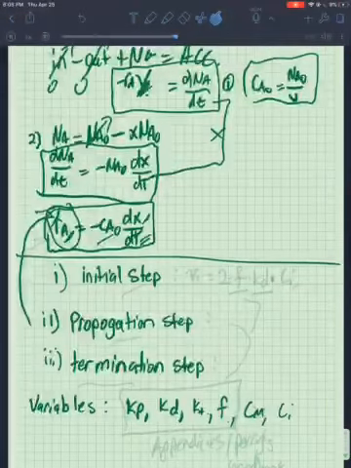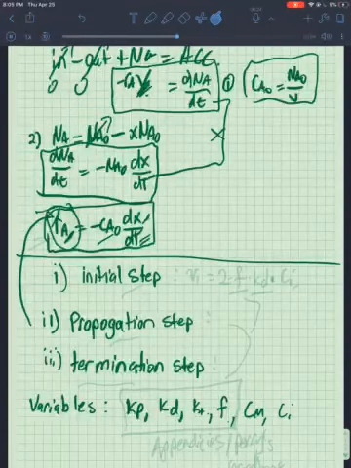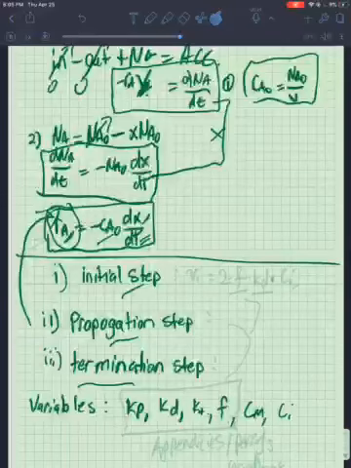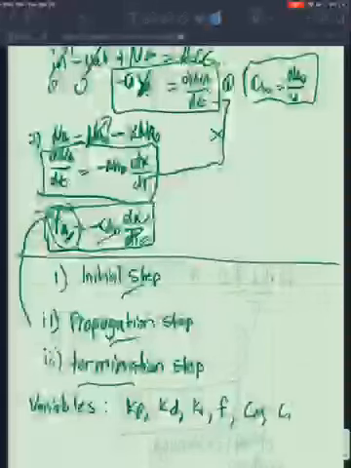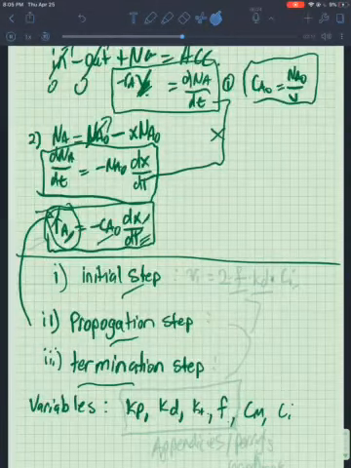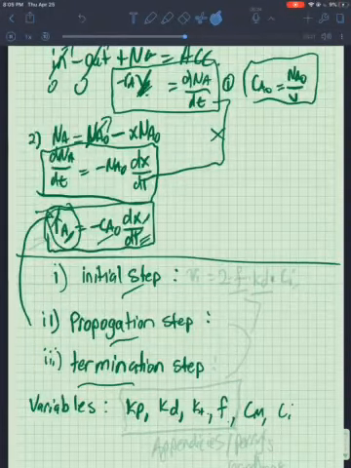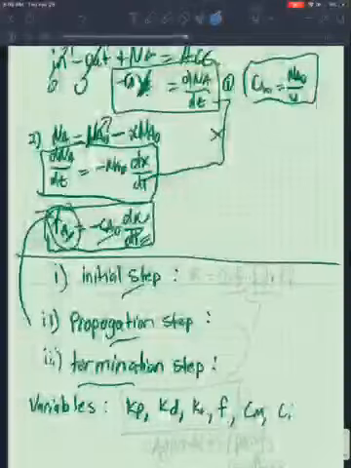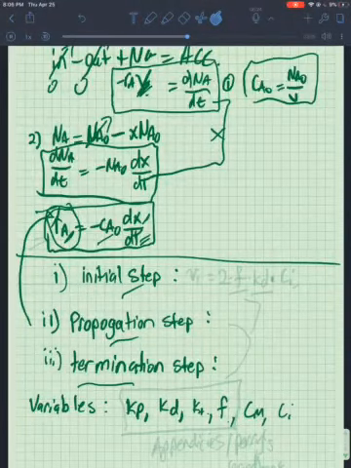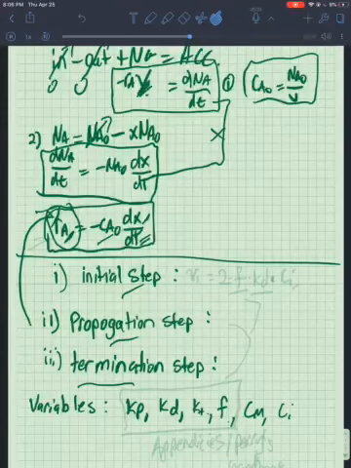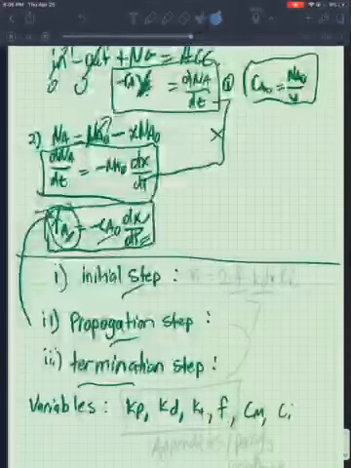The rate law is broken up into 3 steps: the initial step, the propagation step, and a termination step, and they each have their individual rate laws. The idea was to combine all 3 of these steps and get a net rate law for the polymerization reaction, which is the reaction in that batch reactor.